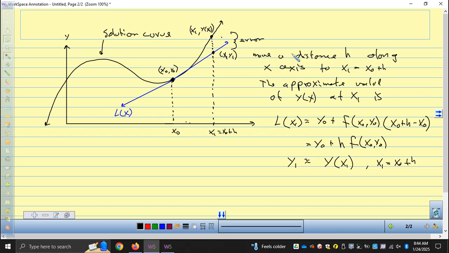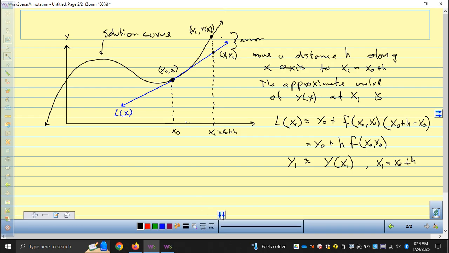So we get an approximate value based on the tangent line. How good an approximation it is depends on the function, and it also depends on our choice of h. If we pick h very small, we tend to get a better approximation. If h is large, worse approximation. If the function grows extremely rapidly, and suddenly the slope changes, then maybe our approximation isn't as good.